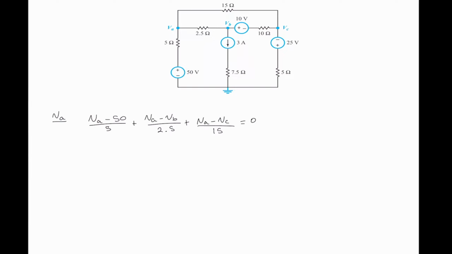At terminal VB, apply KCL. So terminal VB with reference to VA, that's VB minus VA, all over 2.5 ohms.